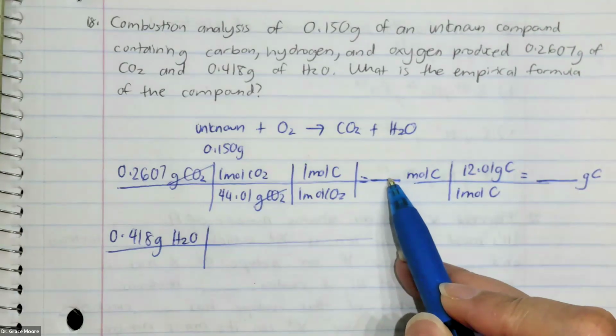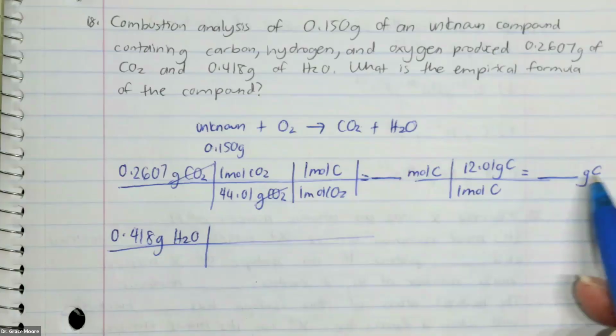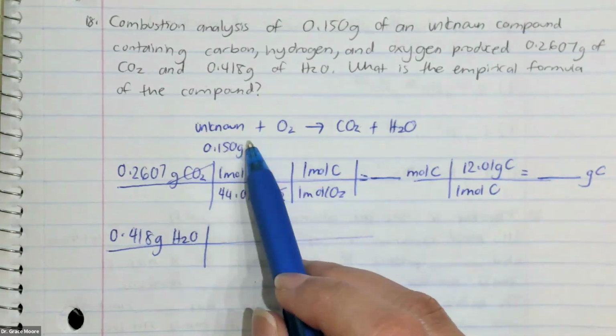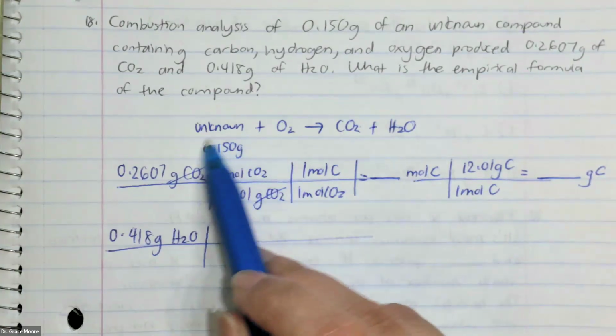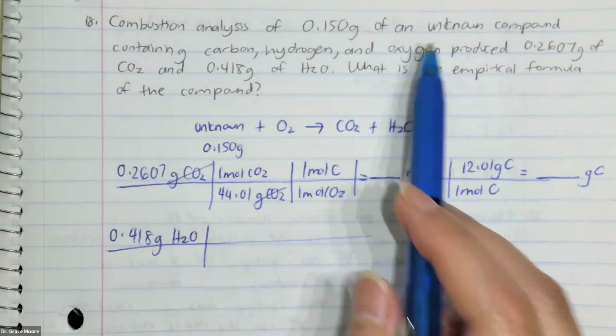I'll do the moles for the empirical formula part, but I need the grams so I can subtract out C and then H from the 0.15 to get the grams of the oxygen in my unknown.